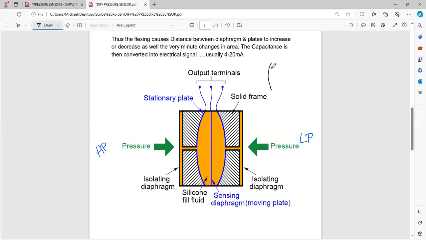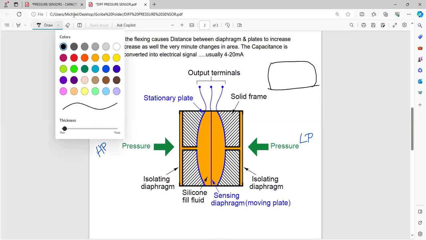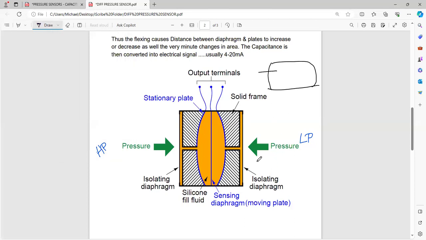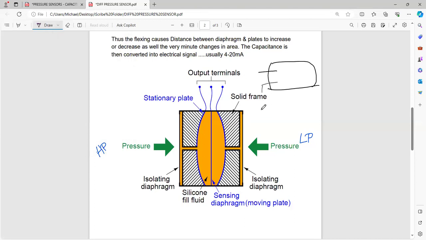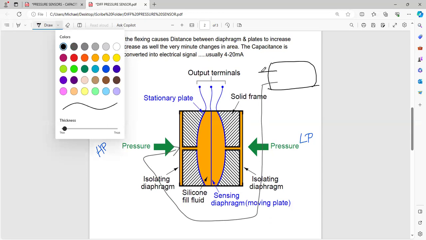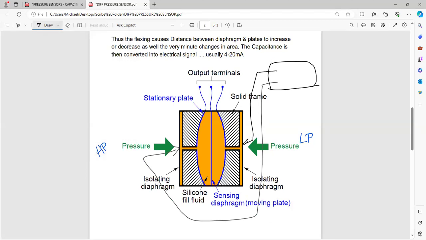Okay, if this is the drum of your boiler, you will be having the connection coming from your low pressure over here, and that of your high pressure will be coming from here. So your high pressure line will be connected in this manner, and your low pressure line will be connected in this manner. Why?